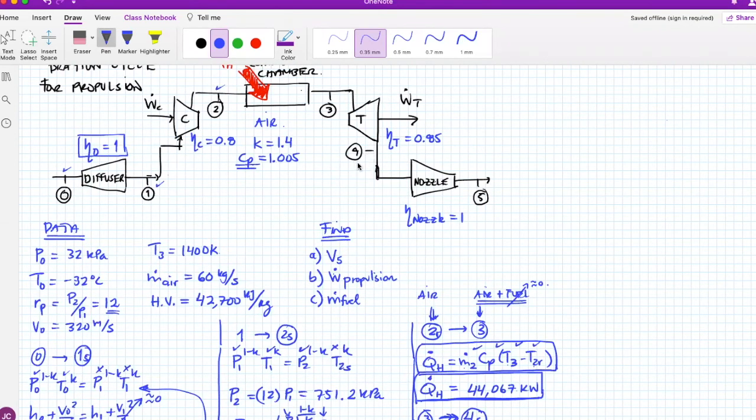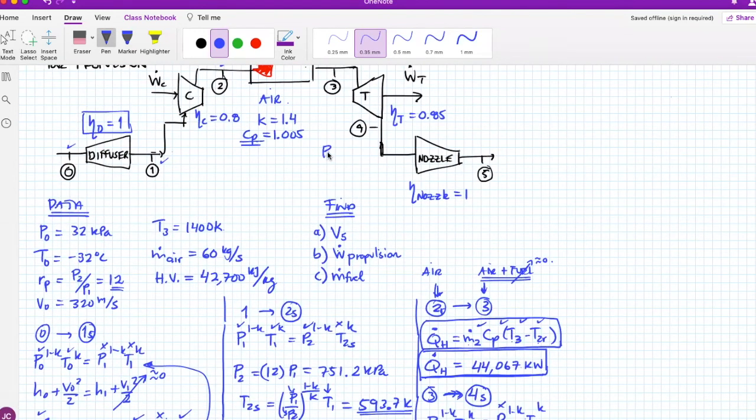This is something important. P4 is not P at the entrance of the diffuser. It was like that in the typical Brayton cycle for production of electricity, but not for this case. Yes, P5 equals P0, but we are still not there. So you cannot assume this.